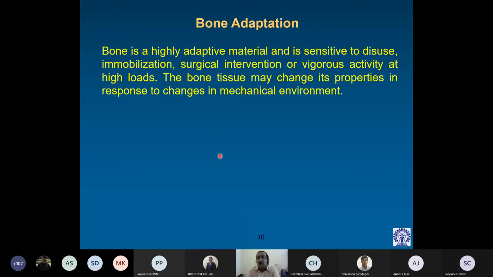So bone tissue may change its properties in response to changes in mechanical environment. This is a very important conclusion.